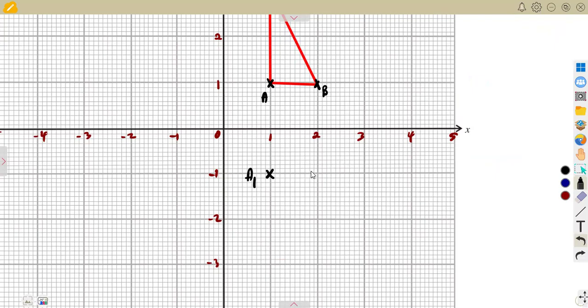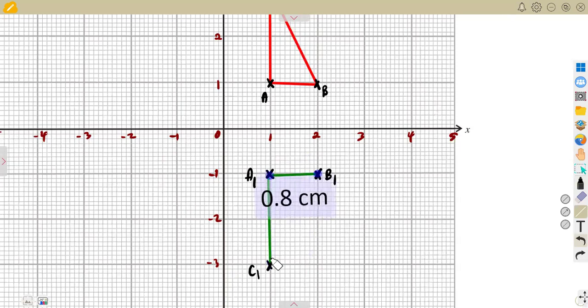Our B1 was given as (2, -1), that's our B1. And our C1 is given as (1, -3). So you're going to mark the coordinates. Then you join the points that you are given. All right, so let's see what we are going to have at the end.